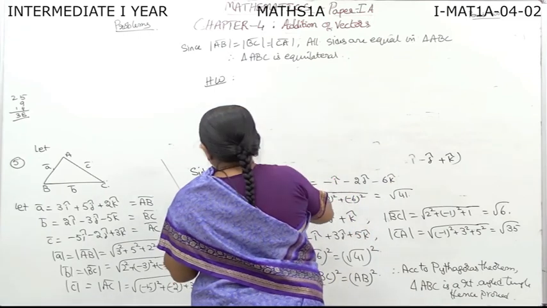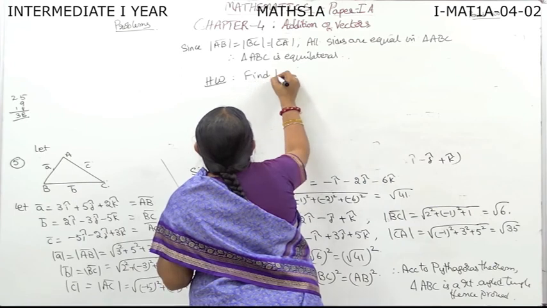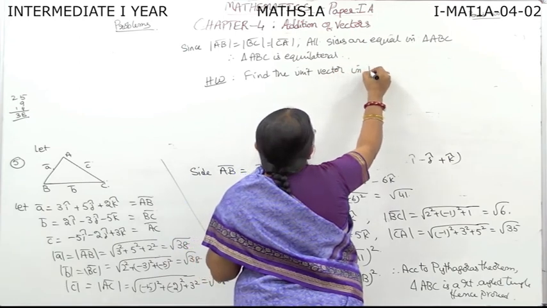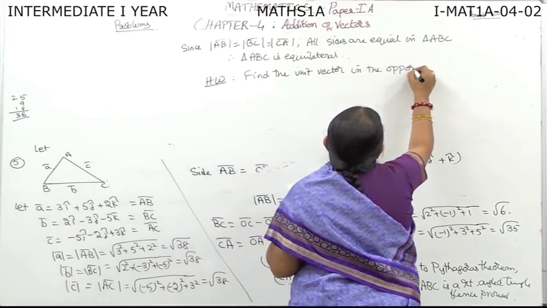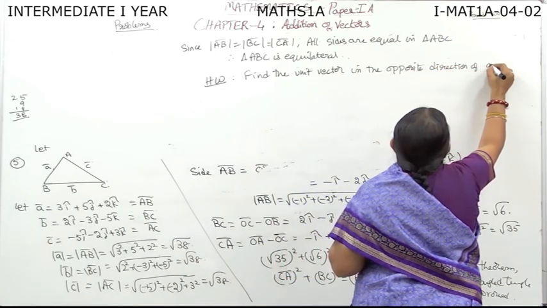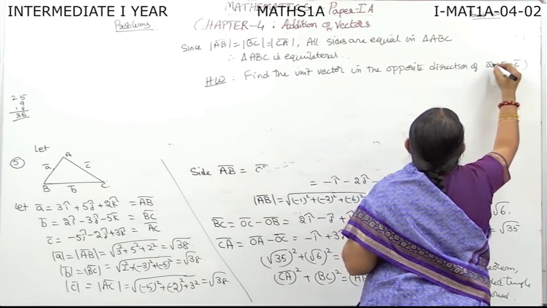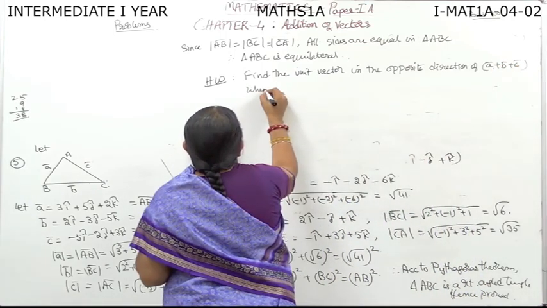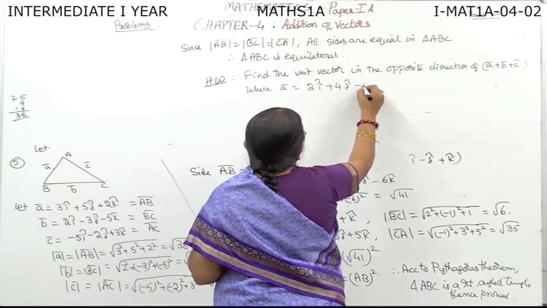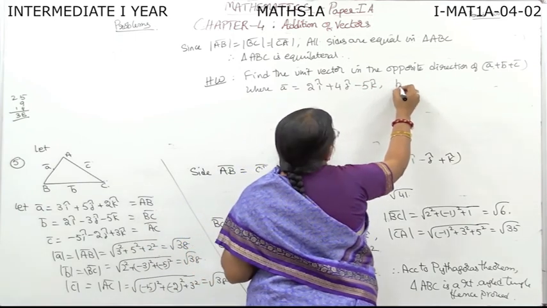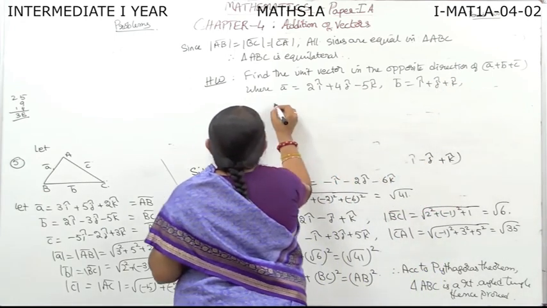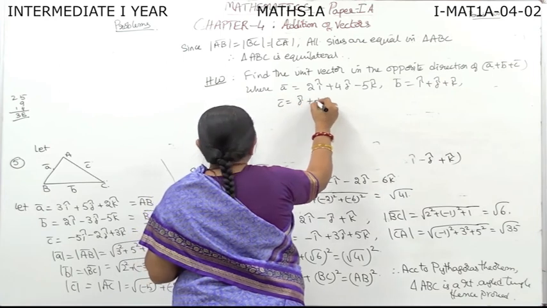Find the unit vector in the opposite direction of A plus B plus C, where A is equal to 2i plus 4j minus 5k, B is equal to i plus j plus k, and then C is equal to j plus 2k.